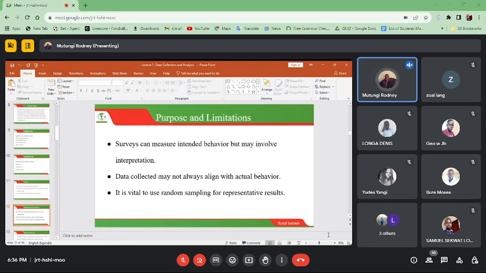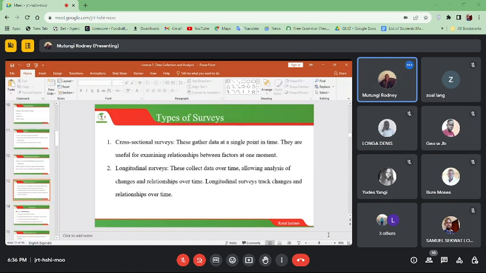Then it is also vital to use random sampling for representative results. We are going to look at how to do random sampling in the next session. So the types of surveys include the cross-sectional survey, which is what I was talking about, where you do a snapshot.